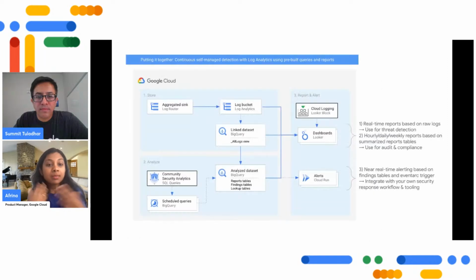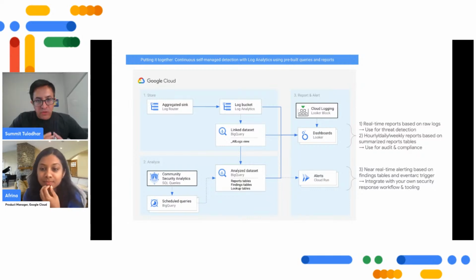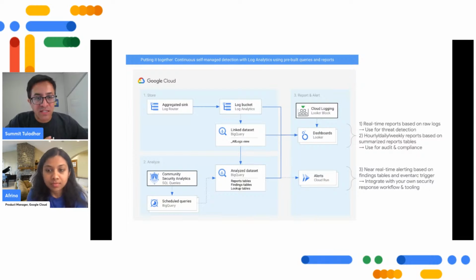Awesome. So, Samit, do you quickly want to talk about this particular slide about alerting and dashboarding? Sure thing. This shows a typical architecture of how you might use Cloud Logging, BigQuery, as well as Looker. You have your logs stored in Cloud Logging, and you can let Cloud Logging manage your logs, optimize them and store them in the best way possible.